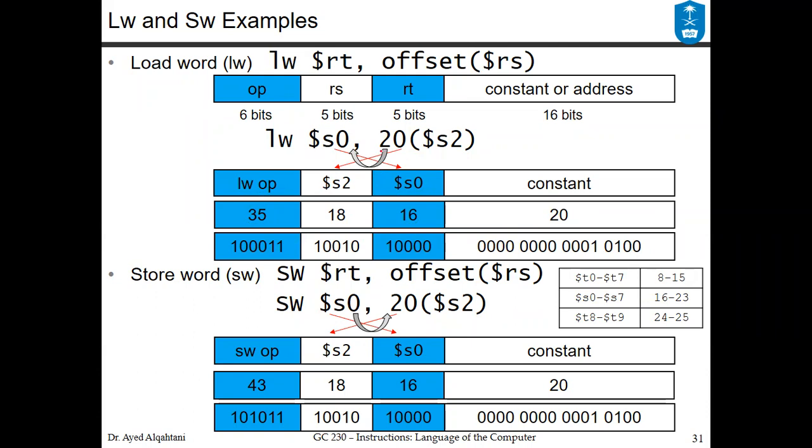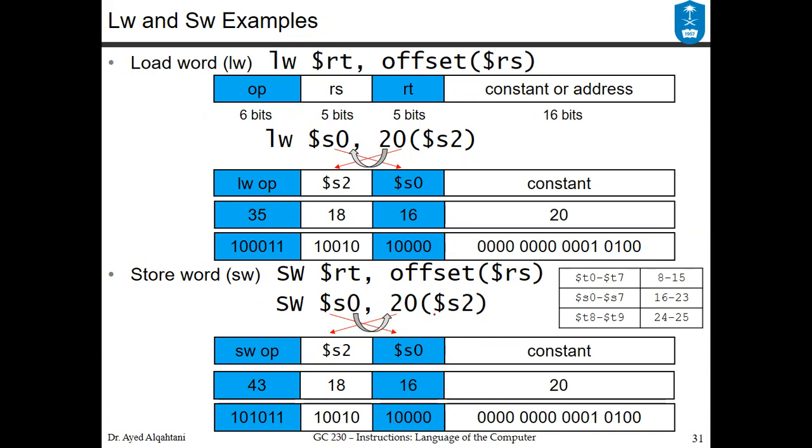So instead of here, where we are reading from the memory into S0, now here we have the value already in S0, and we want to get the location in the memory and save the value that was in the register S0 into the location in the memory, indicated by this gray arrow.